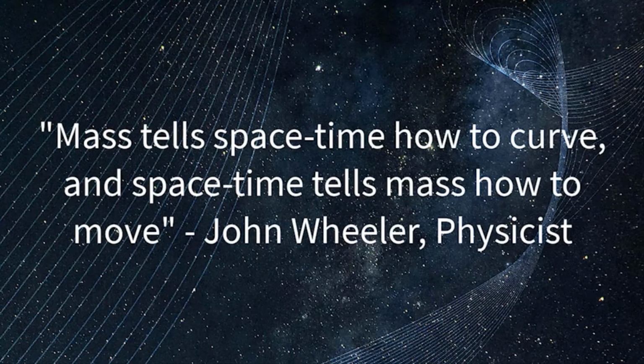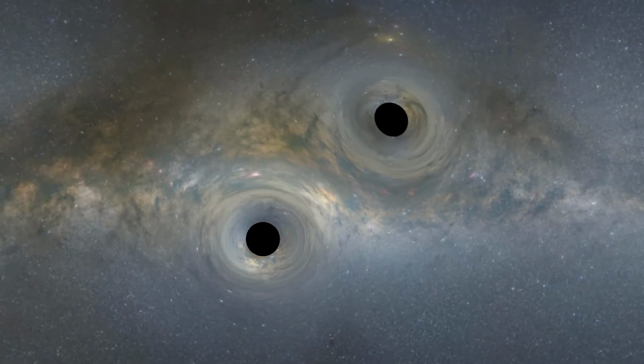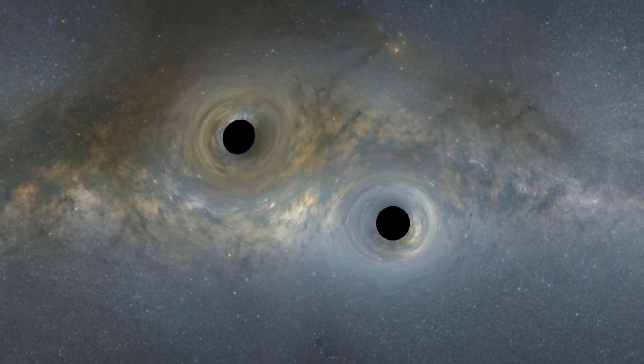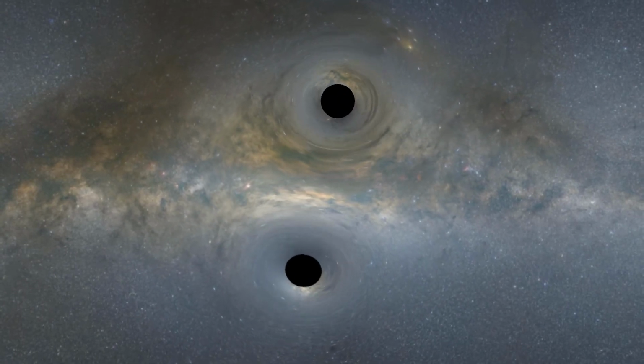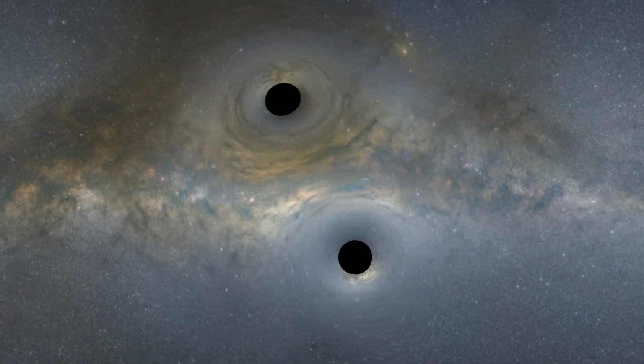Einstein's theory of relativity also takes into account that light will follow the curved fabric of space. Light will follow the curved fabric of space, which means that for objects that are emitting light and near a black hole, the light that we see will be distorted. Here you can see the light around the black hole being distorted. We're going to look at this using an app called Pocket Black Hole.